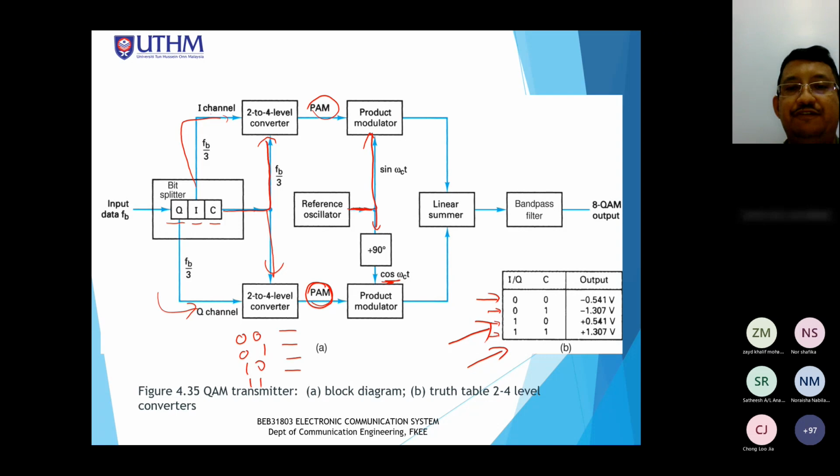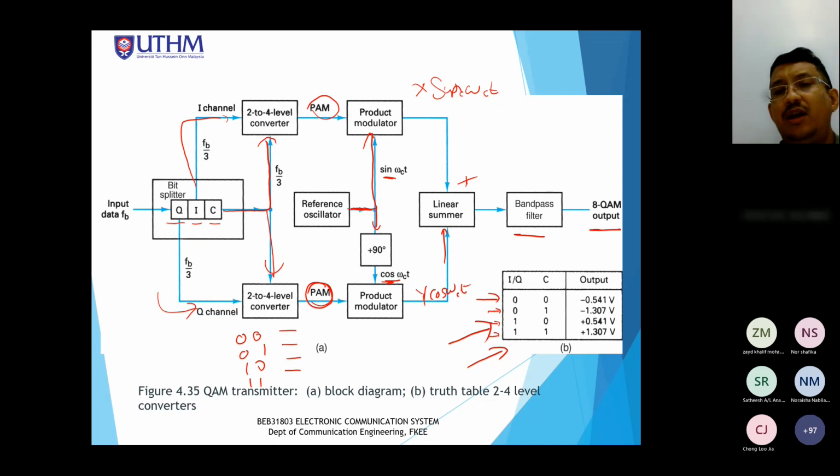Then we have a phase shifter, a 90-degree shift of sine, which produces cosine. The output here is x multiplied with sine omega ct, and over here is y cos omega ct. Then they go through the linear summer, where we add both sine and cosine, then pass through the band pass filter and produce the output.